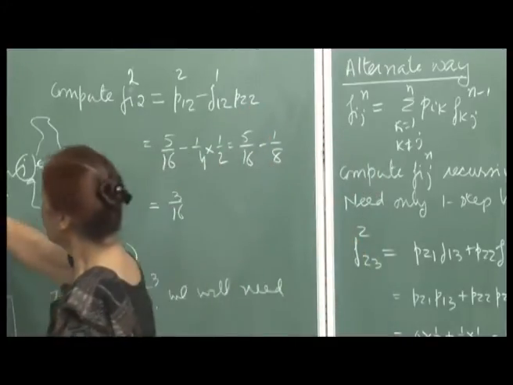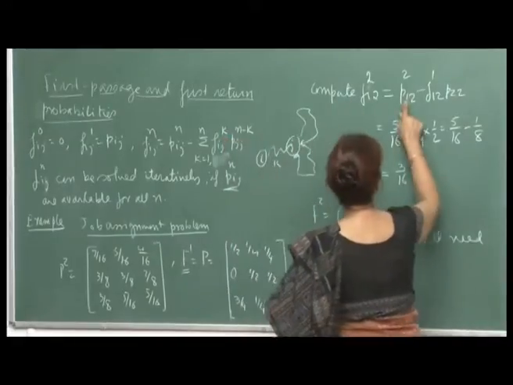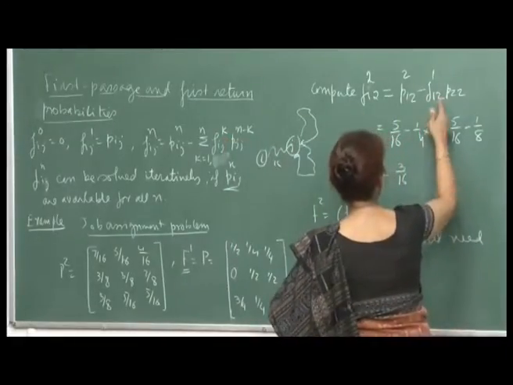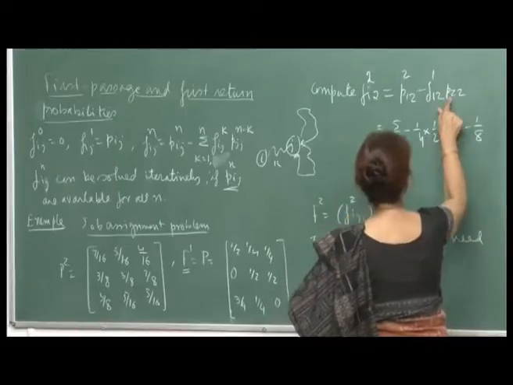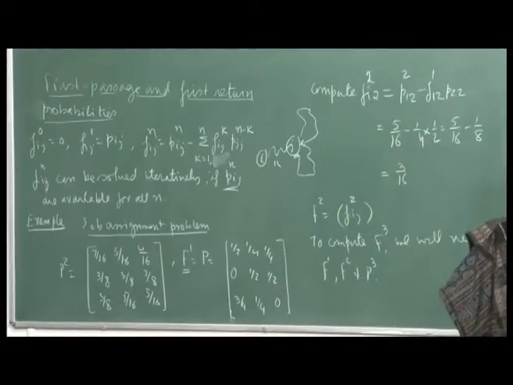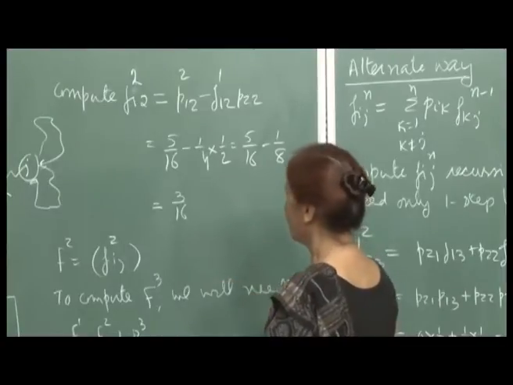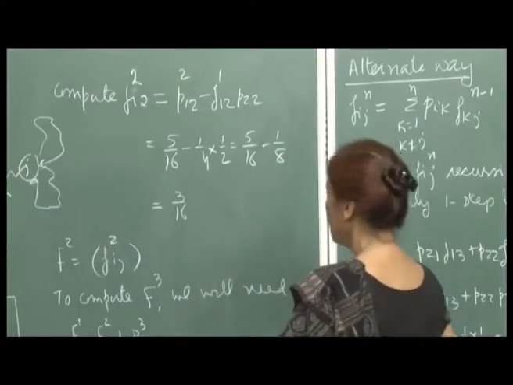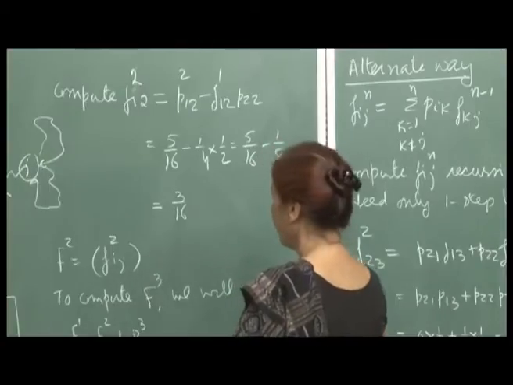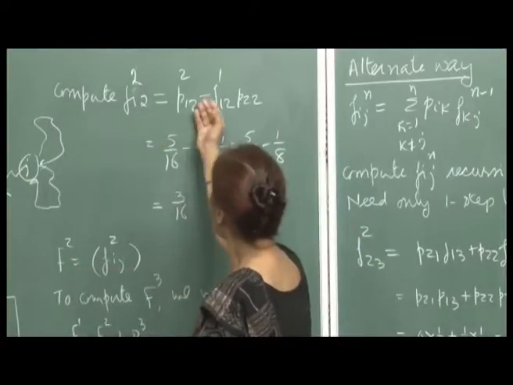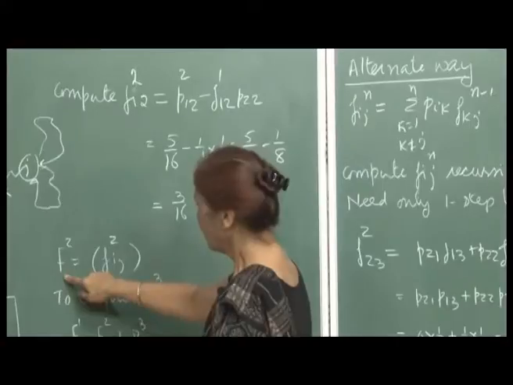See here the formula. In one step you go from 1 to 2, and then you have to stay with 2, because there is only one step here, and therefore if you compute this you get 3 by 16. Now using this formula you can compute and you get the matrix F2.